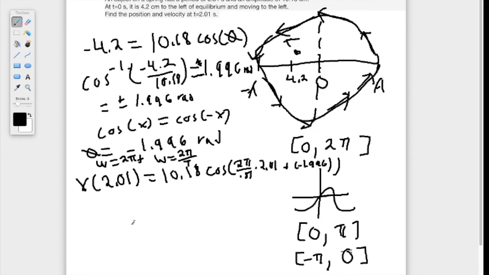So when you plug everything in, you should get about 5.248 centimeters.